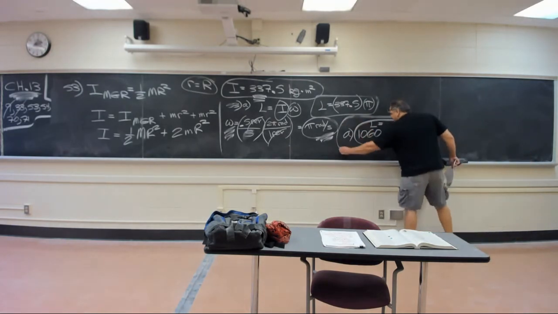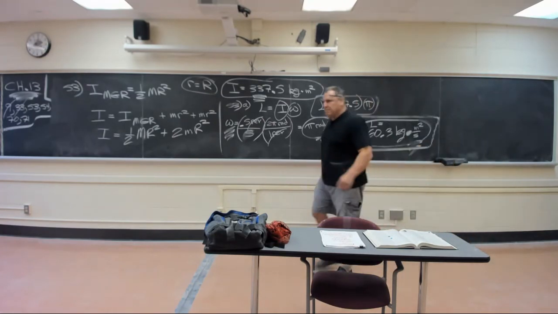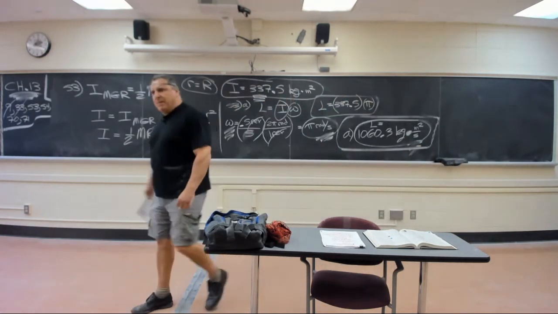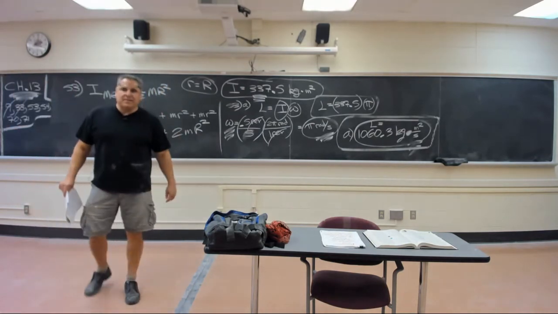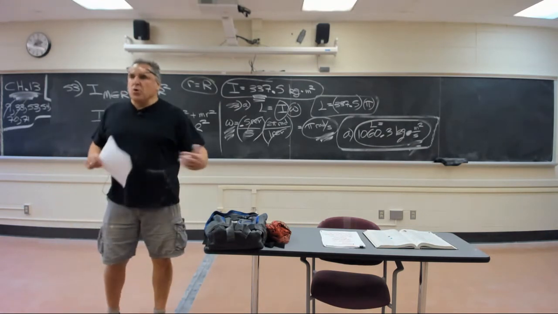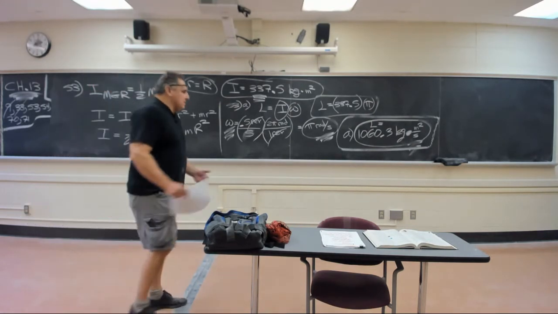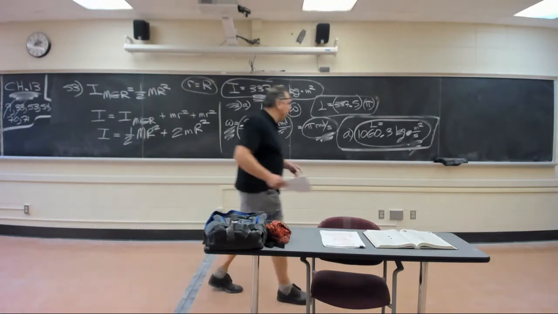Well, look, guys, let's get something straight. That merry-go-round is not flying around the park. It's not being driven from Milwaukee to Chicago, or from New York to Washington, D.C. It's staying right there. The only consideration for kinetic energy is rotational kinetic energy.